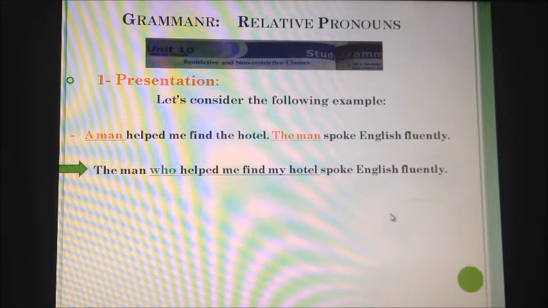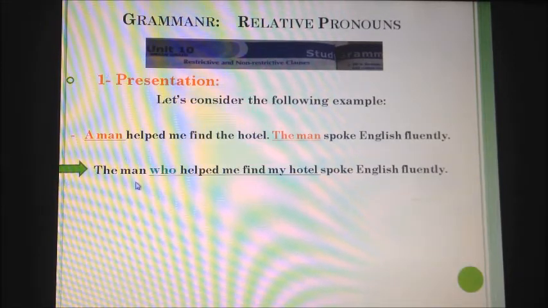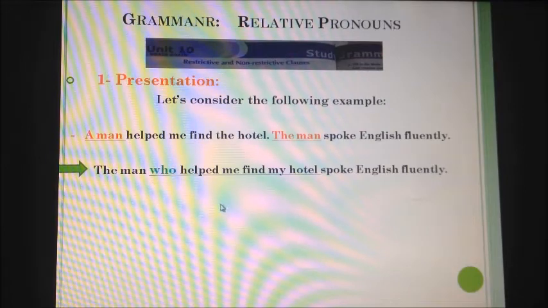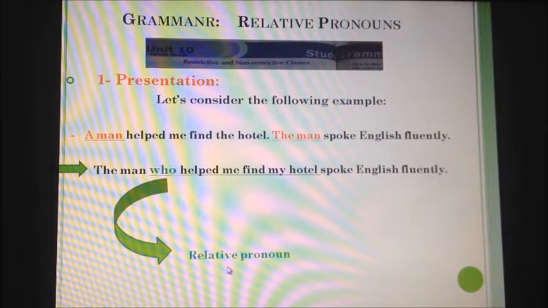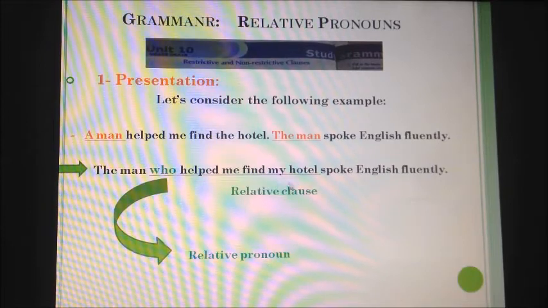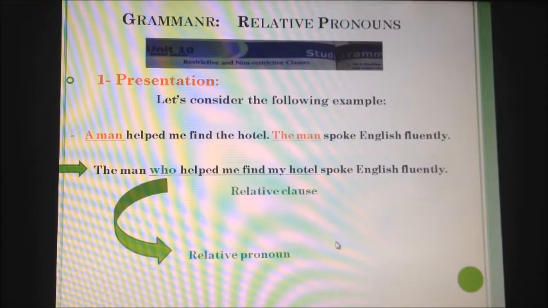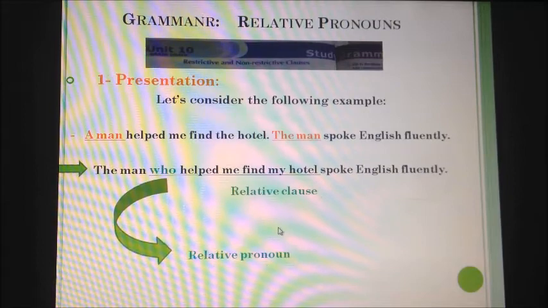Now I have one complete sentence with a clause giving other information about the man. So who is a relative pronoun, and who helped me find my hotel is a relative clause. It's a sentence within a sentence that gives extra information, that defines the subject or the noun.